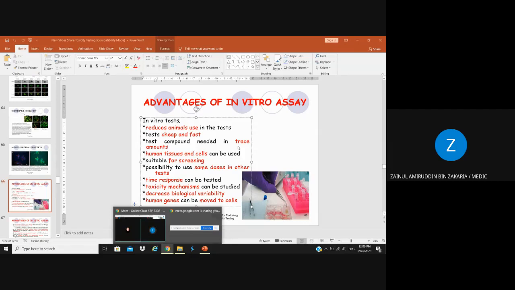Meaning to say, if your compound is 40 microgram per mil, it is still acceptable for you to proceed with your study. For example, if you do your master's or PhD, and you find out your plant extract or your compound has anti-cancer activity, anti-colon cancer activity at 40 microgram per mil, then you can still proceed to study all the mechanisms and so on.